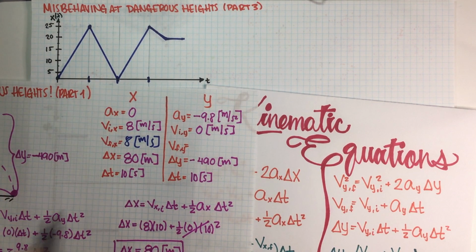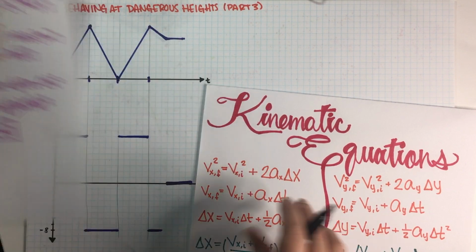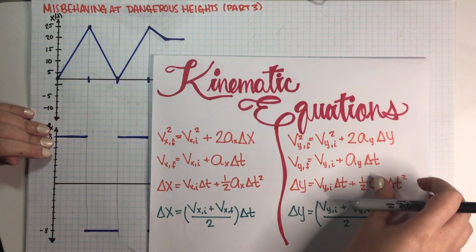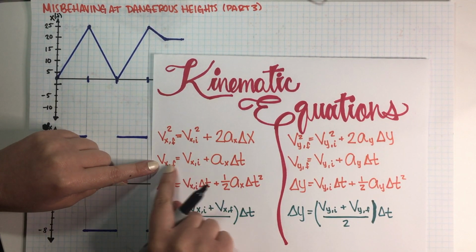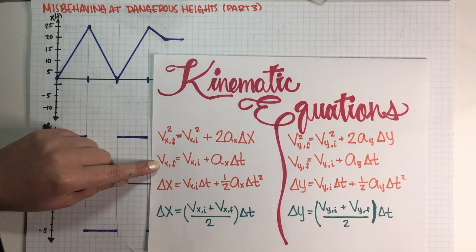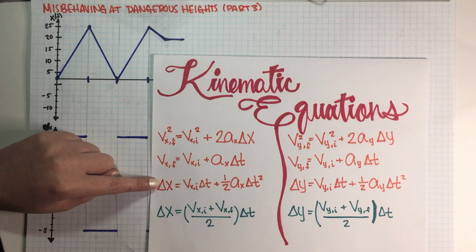So let's see. How do I find out this t over here? Well, delta x from here to here is equal to 25. Delta x is equal to 25. I do have my initial and my final velocities. So what am I gonna do? Let's go ahead and use this guy over here.